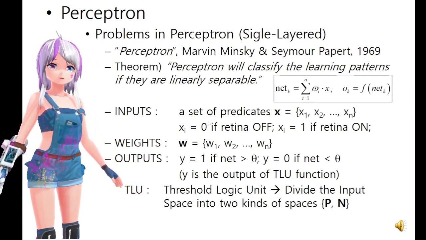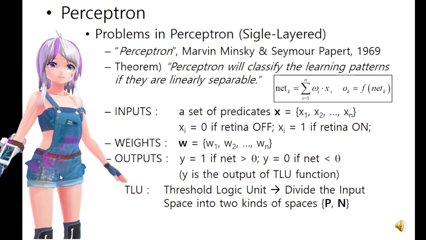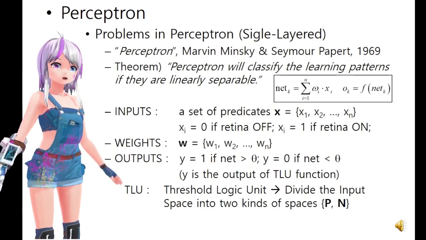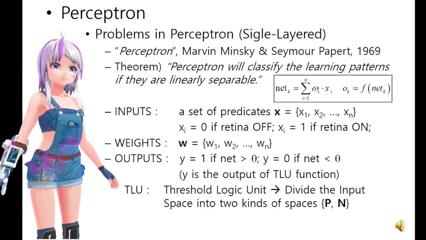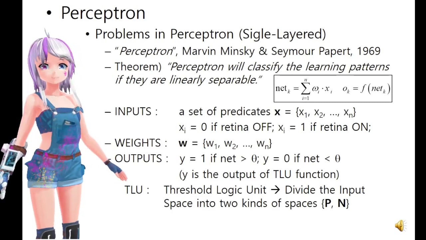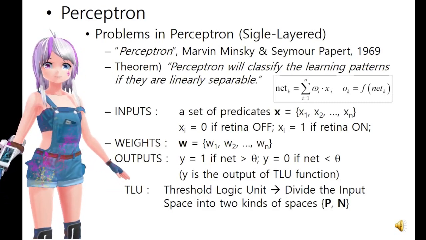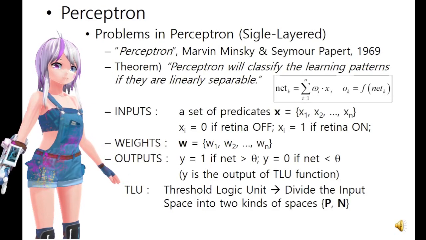The weight parameters w are w1 up to wn, so we have n weight parameters. The output should be 1 if net is greater than the threshold theta, and the output y is 0 if net is less than our bias theta, the threshold.